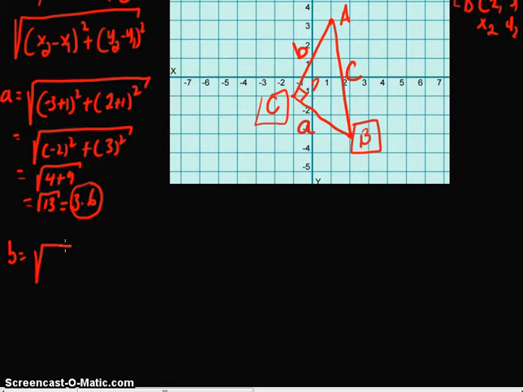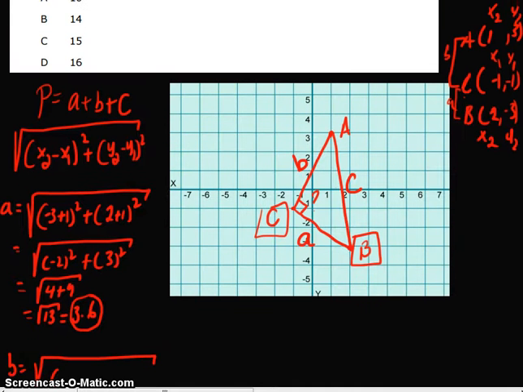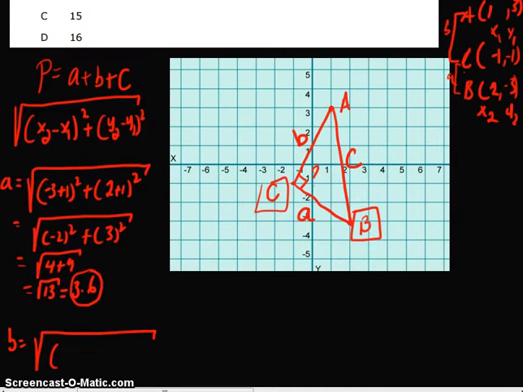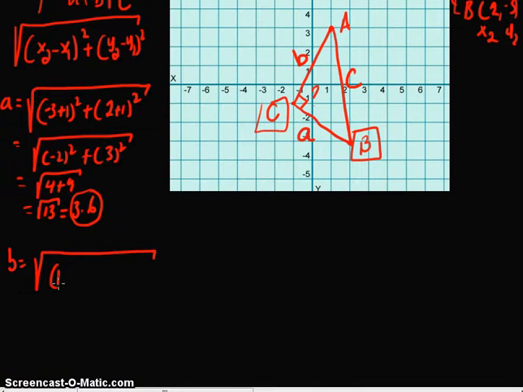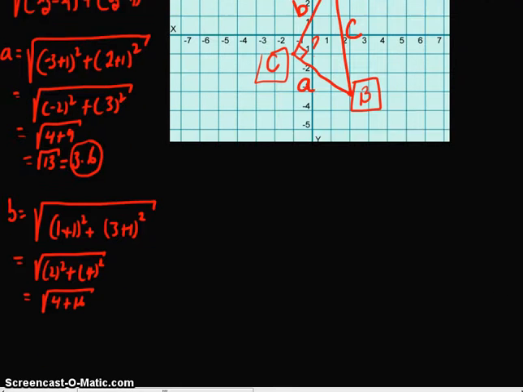So b is equal to the square root of x2, which in this case is 1 minus -1, which becomes 2, the whole square, plus 3 minus -1 becomes 4, the whole square. So this becomes the square root of 2 squared plus 4 squared, which is the square root of 4 plus 16.